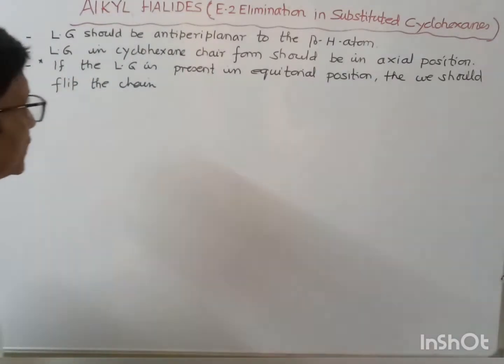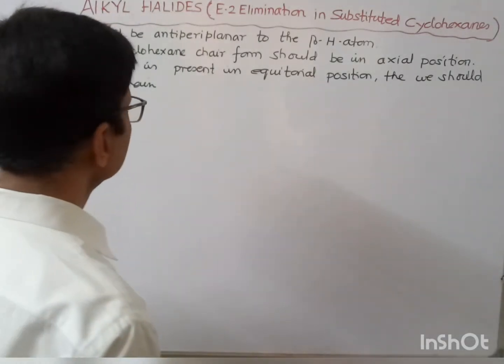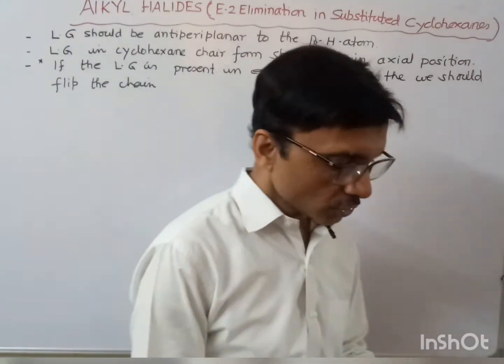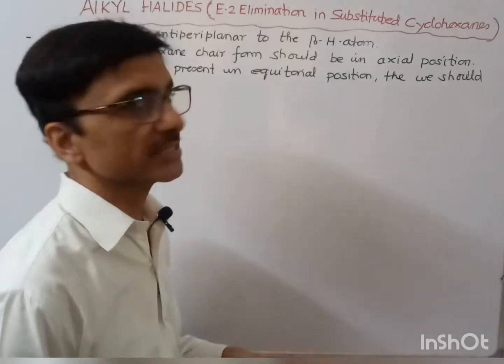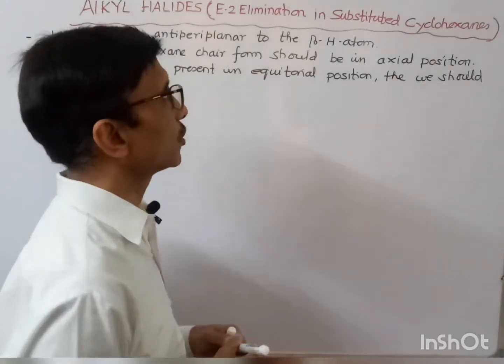In that case, the leaving group will come into the axial position. Okay, so now let's understand these things with the help of an example and with the help of a model also.